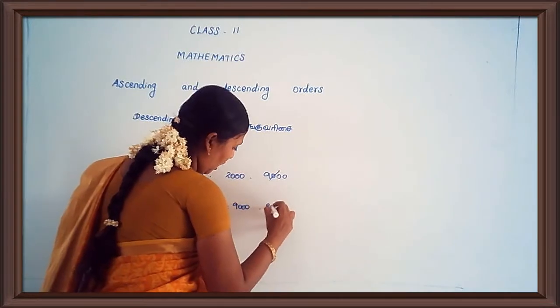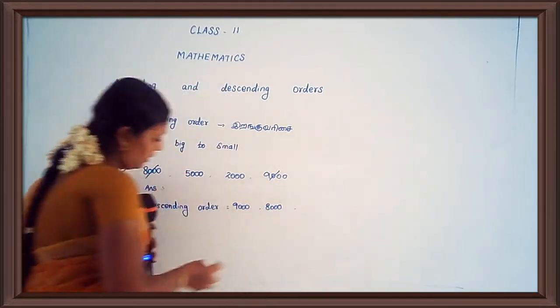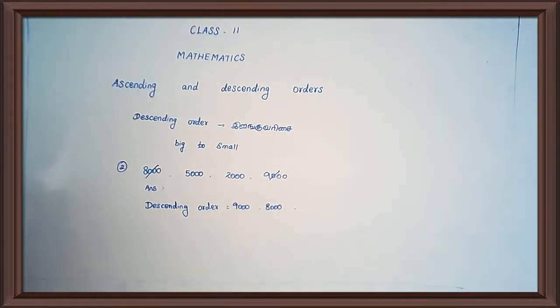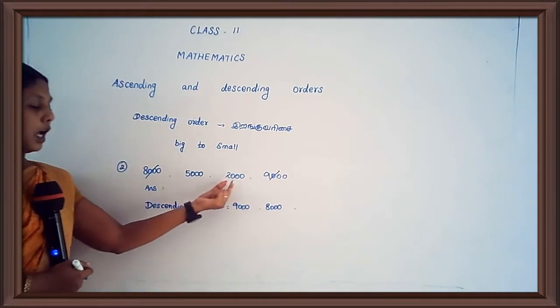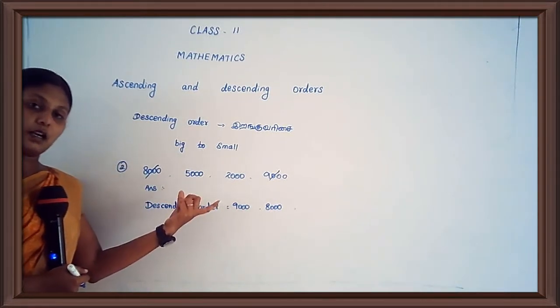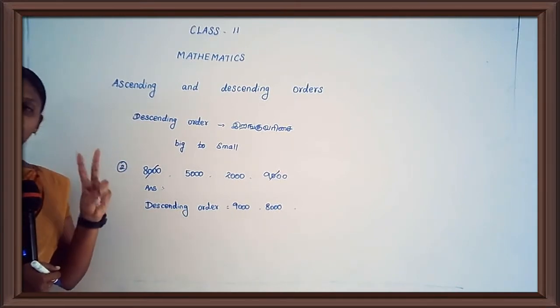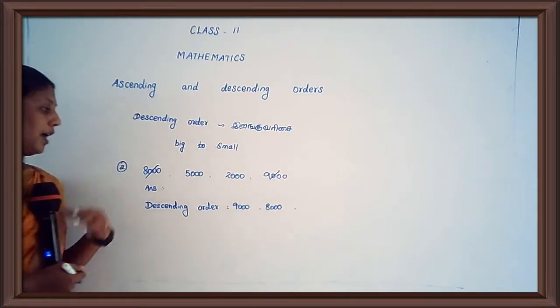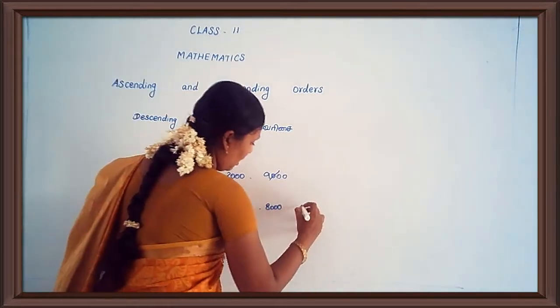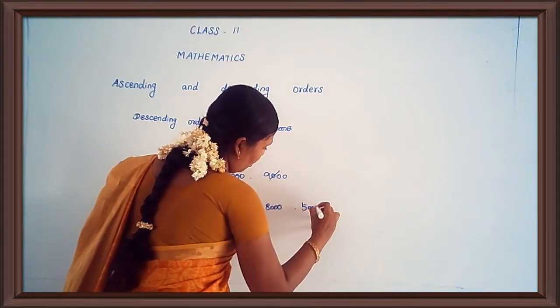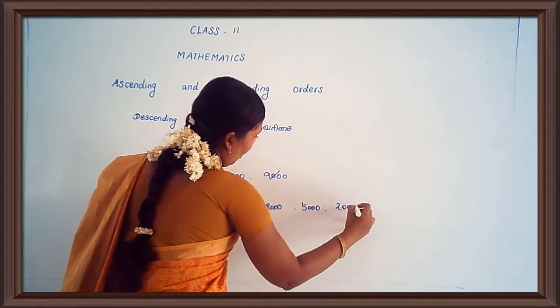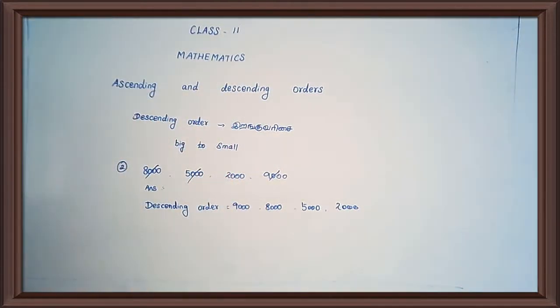Then 8,000. Next 5,000 and 2,000. 5,000 is greater or 2,000 is greater? Which is greater, 5 or 2? 5,000. So you cut and write here 5,000. Remaining only one is 2,000.